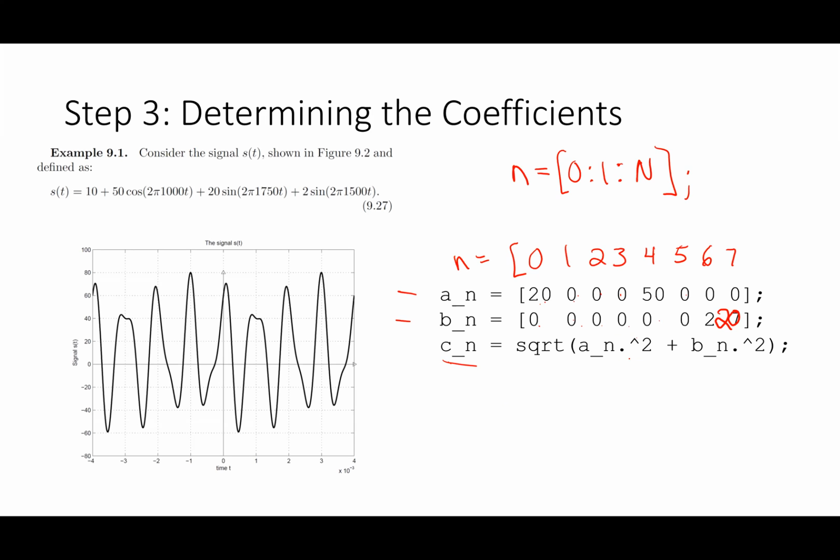Which means that I want to apply the squaring to every element in A, and add the result to every element in B, after it's been squared. So an dot squared is going to create a vector the same size as an. Bn dot squared is going to create a vector the same size as b sub n. Adding them together is going to create a vector that's the same size. And taking the square root is going to take the square root of every entry.